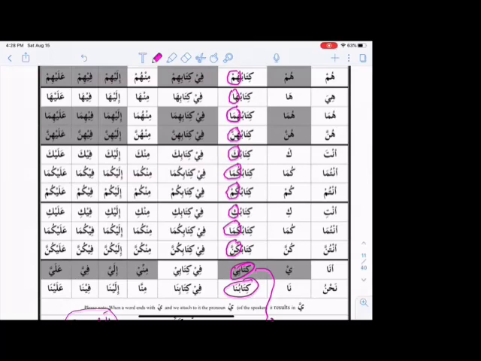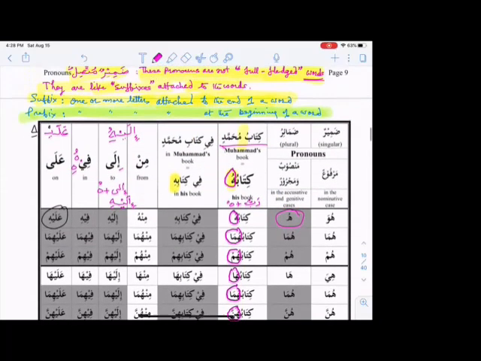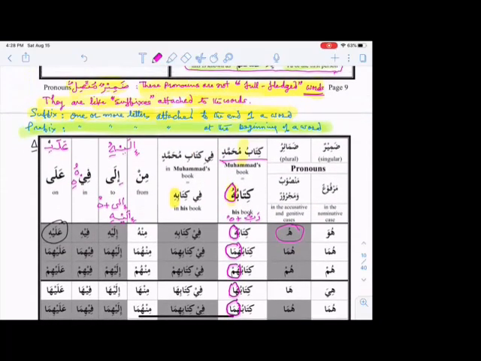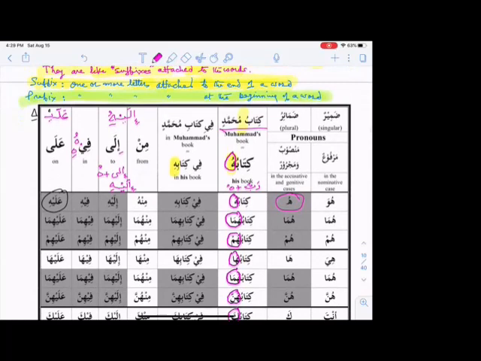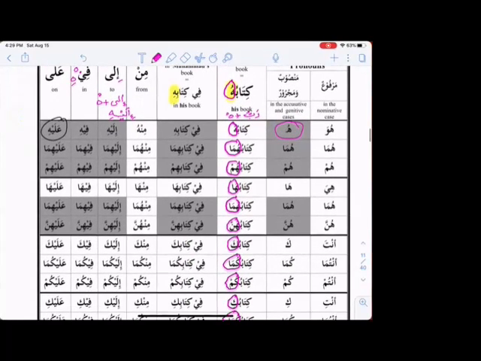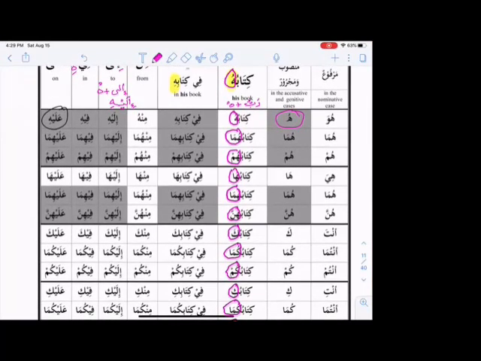Ilayhim, see, ilayhim. No, here, we start from here. Ilayhi, ilayhima, ilayhim. Ilayha, ilayhima, ilayhinna.